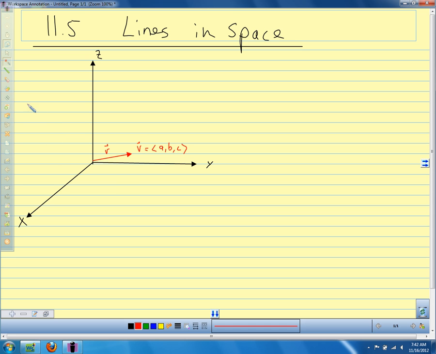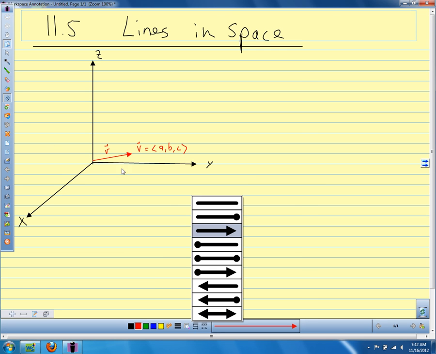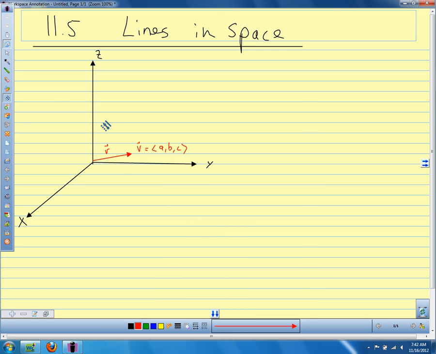And we have a line up above here, and we're going to say that our line, put two arrows on my line. So there's my line. This is line L. And point P is on line L. P is, we'll call it x1, y1, z1.